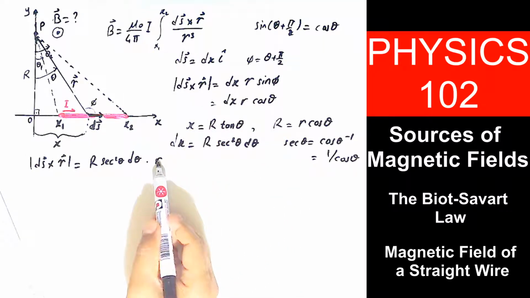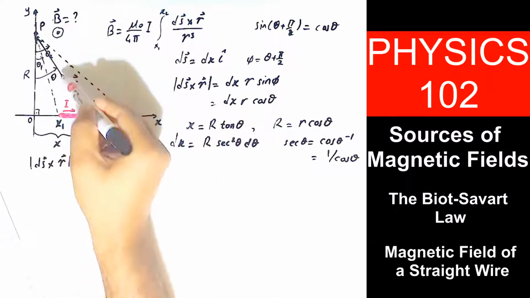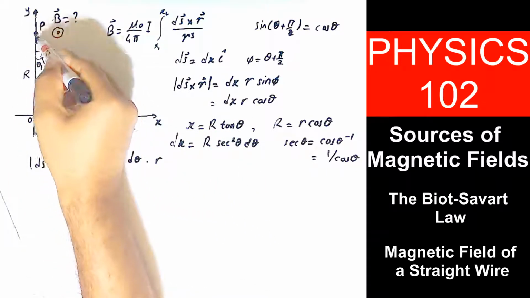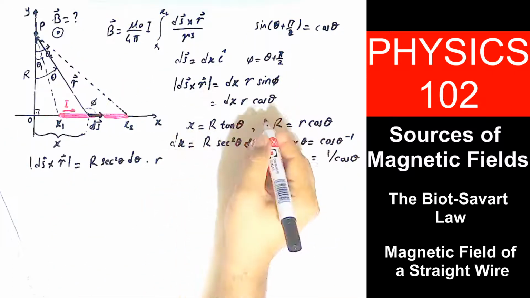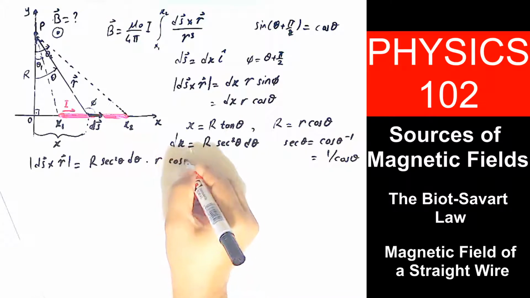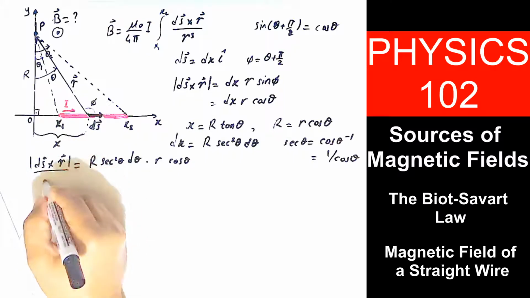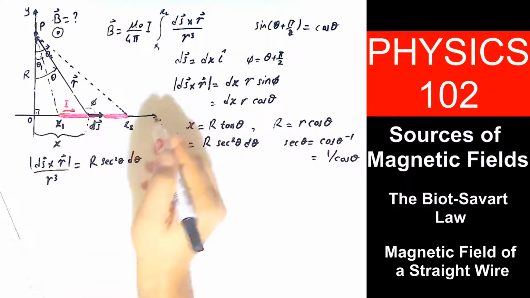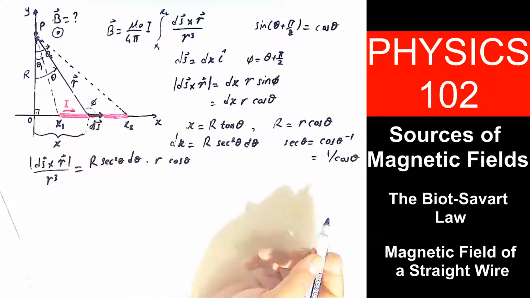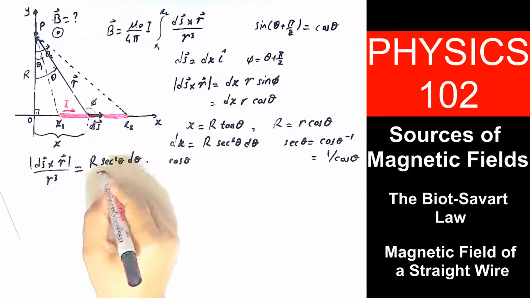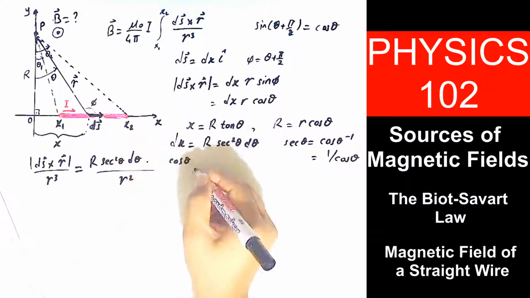Small r is in fact larger than capital R, because this is a right triangle, small r is the hypotenuse, and capital R is this vertical distance. And we have cosine theta, and let's also divide this by r cube, because inside the integral we have this division by r cube. That is going to be r square.